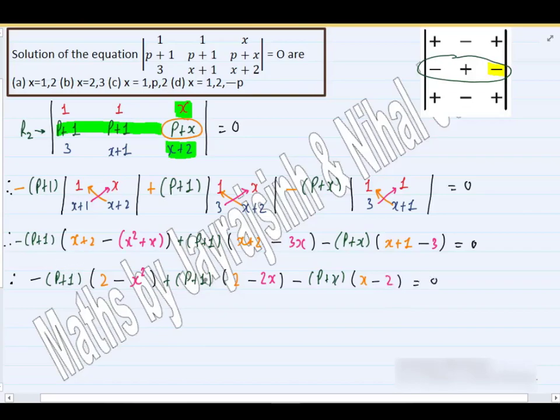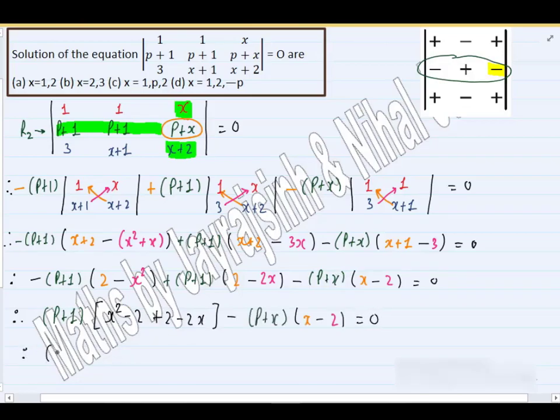Now instead of opening all the brackets, we can take p plus 1 common from the first two terms, right? So let's take p plus 1 common. This minus will multiply within the bracket to give us x square minus 2, and from the second term we will get plus 2 minus 2x, and the last term will be as it is and is equal to 0.